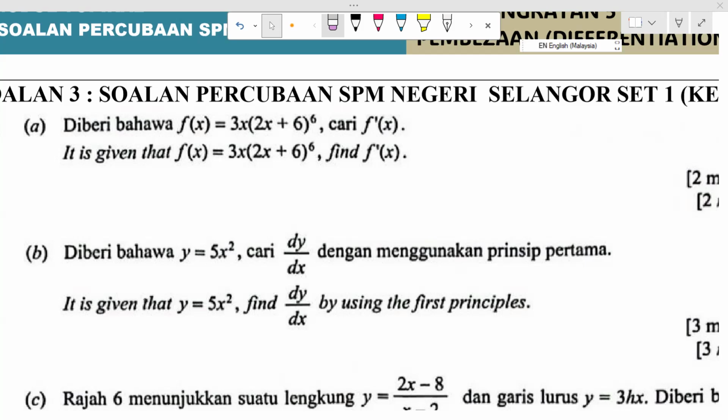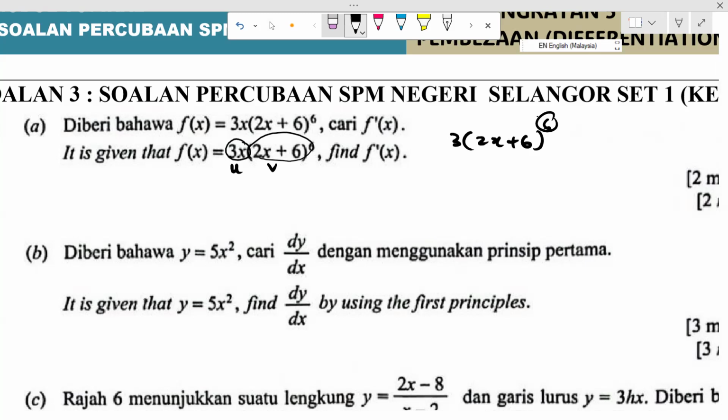Now this one, some of you may have forgotten already. This is U, this is V. How do I know that I need to apply the product rule? When you have a function in x multiplied by another function in x, it's a product rule. If this is 2x plus 6 raised to the power 6, then this one is not a product rule.